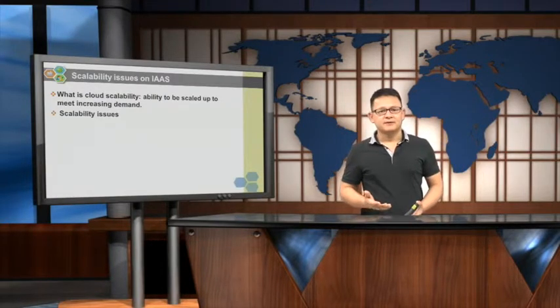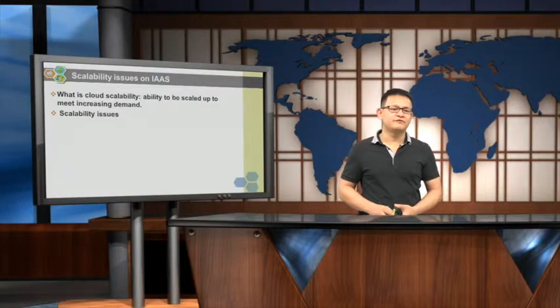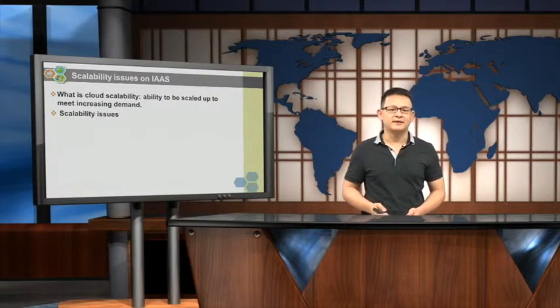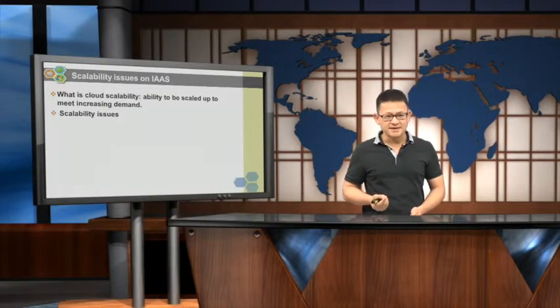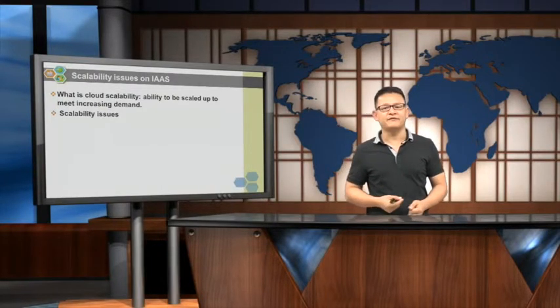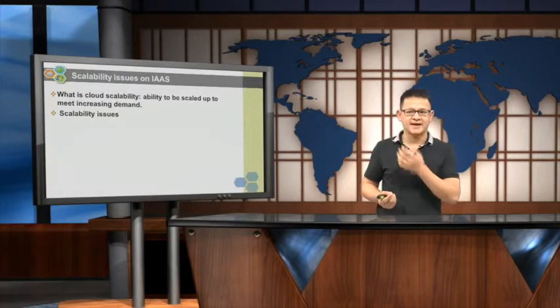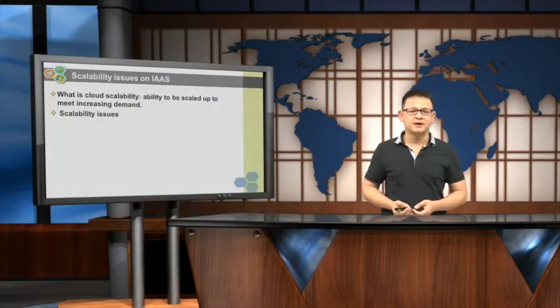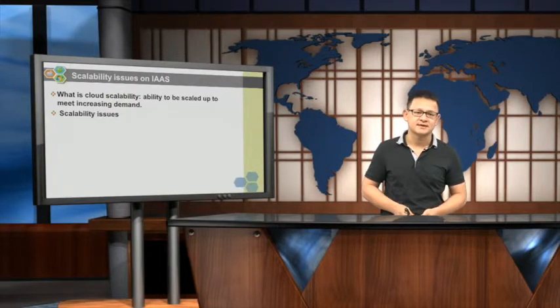But first, it is useful to define the scalability term and illustrate cloud scalability among three cloud services. Scalability can be defined in different ways. It can be defined as the ability of a particular system to fit a problem as the scope of the problem increases.